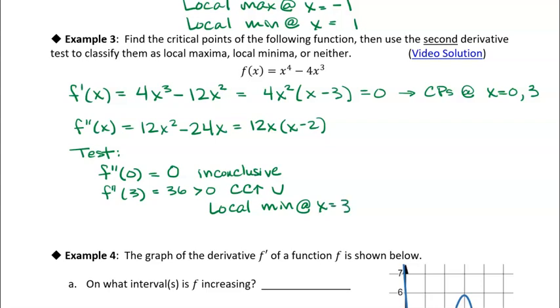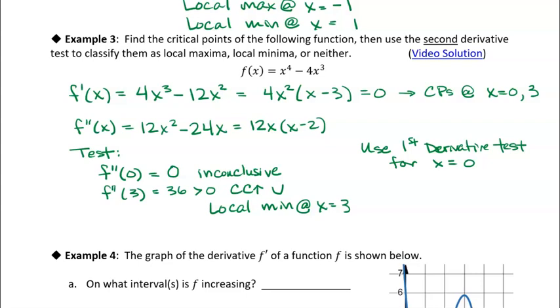Now, I didn't leave myself enough room here, but we've got to use the first derivative test to test the other point. So I'll just write that over here. Use first derivative test for x equals 0, because right now the second derivative test is inconclusive.